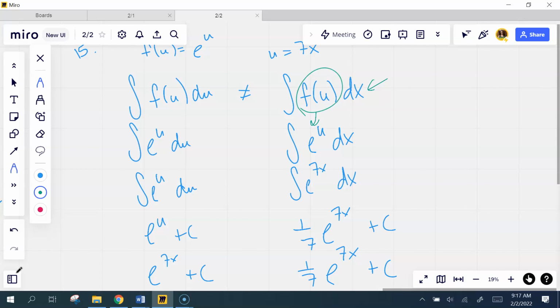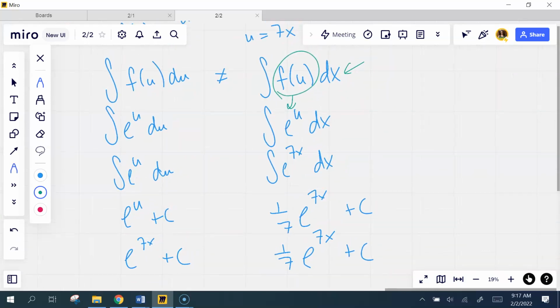Because remember, whenever you go back in chain rule, whenever you go back and do the derivative, you got to get the same thing. So if I check this, well, what's the derivative of this? The 1 over 7 first, and then the derivative of e to the 7x would be e to the 7x. But you got a chain rule, so times 7, which would cause those to cancel out. So you gotta take that into account when you see that there's more than one thing in the exponent.